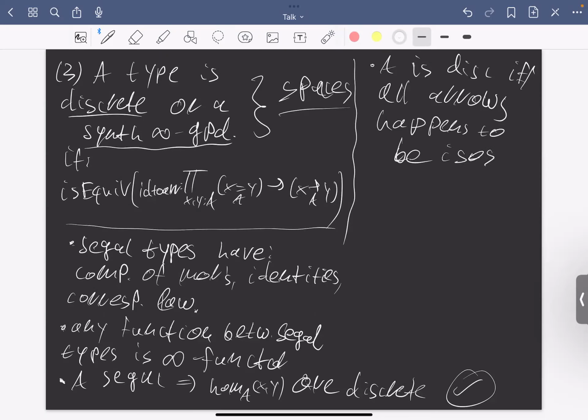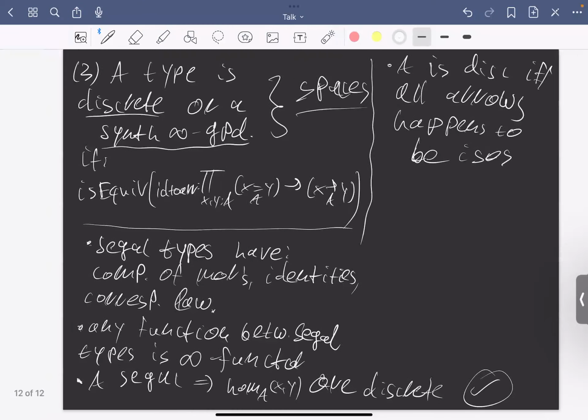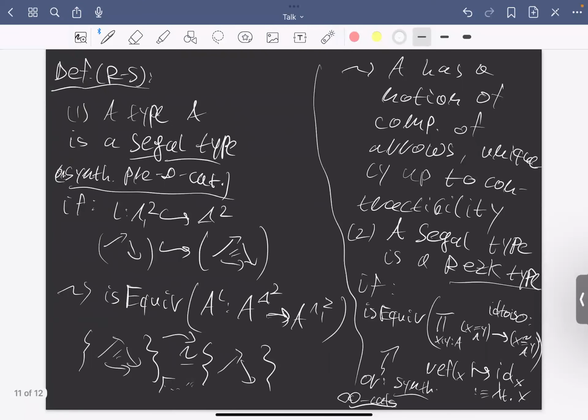Yeah, and okay, there's something else I should also say again. The Segal condition, like here, as well as the Rezk condition, like here, they're really conditions, so they're propositions in the homotopy theoretic sense. So being Segal or Rezk is not additional structure.